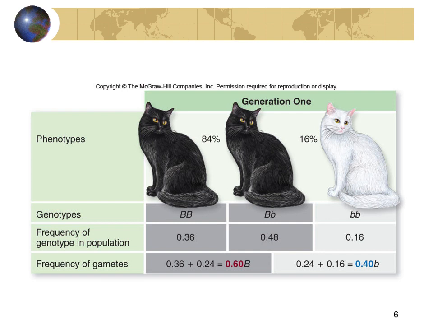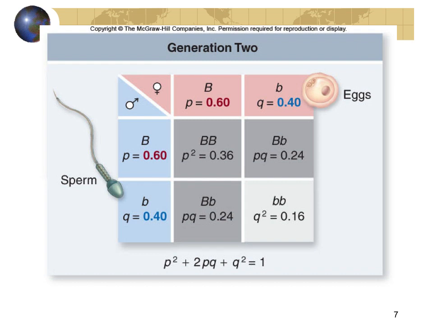Okay, and so because P plus Q equals 1, and if Q equals 0.4, then P must equal 0.6. And so this population looks like it's in Hardy-Weinberg equilibrium. Okay, and so in the second generation, we would expect the same thing.